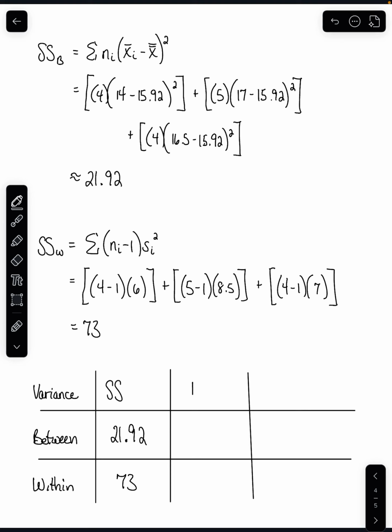We then have to do the degrees of freedom. The degrees of freedom are k minus 1. There are 3 samples minus 1, so the degrees of freedom between the samples is 2. For the degrees of freedom within the samples, we had a grand total of 13 data values minus 3 for the number of samples that there are, and that gives us a degrees of freedom of 10.